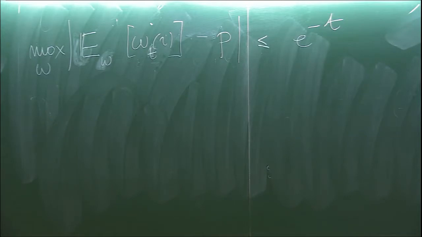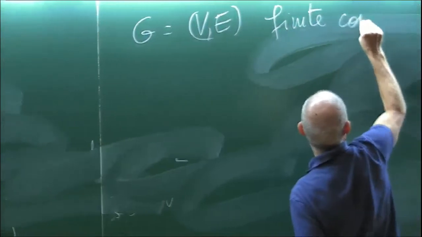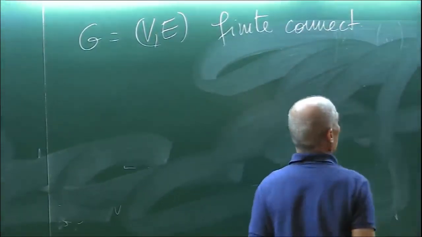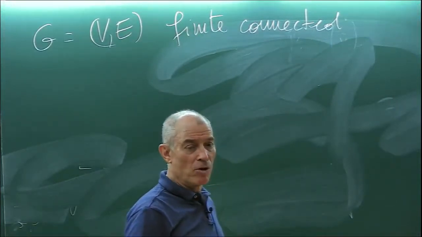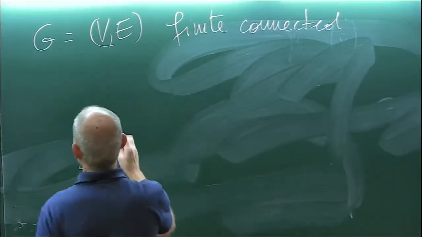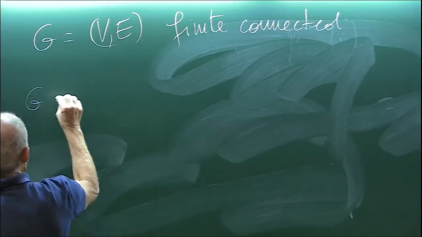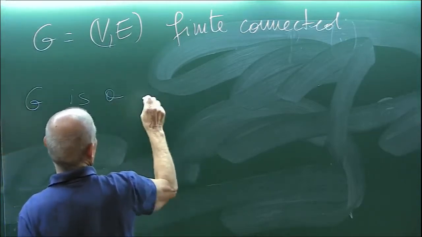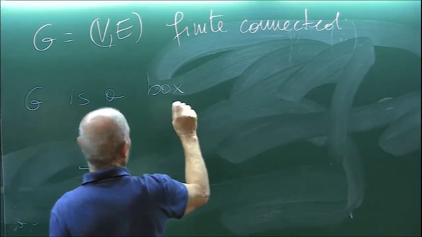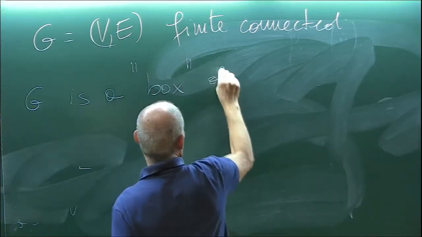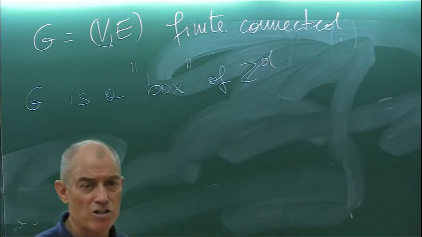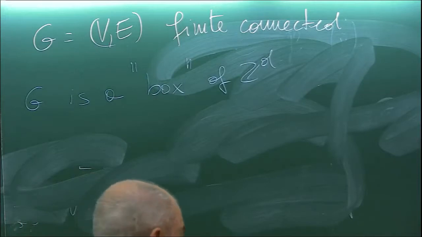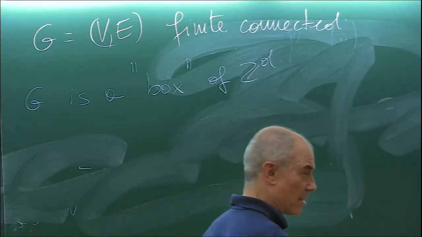Take a graph, let's say for a second finite and connected. For most of the results, they actually hold when G is a box of, say, Z^d, but there are also results for more general graphs and one specific result for trees.